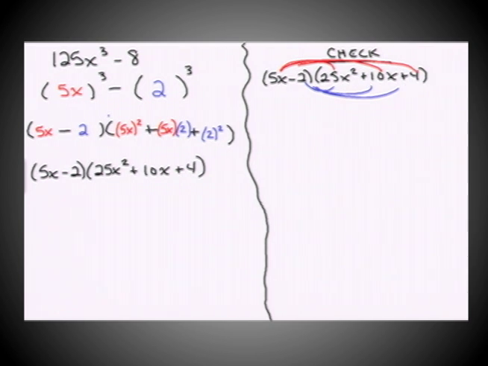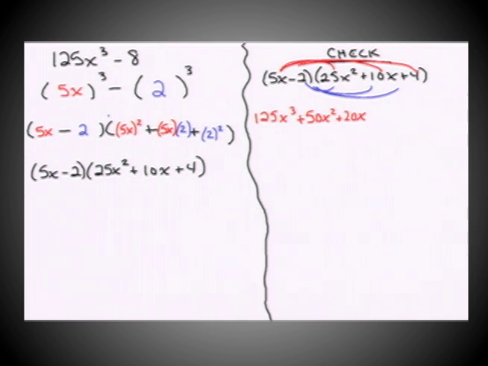So I start by distributing my 5x to all terms in the second set of parentheses. 5x times 25x squared gives 125x cubed. 5x times 10x is positive 50x squared. 5x times 4 is positive 20x. Now moving to distributing the negative 2 to all of the terms in the second set of parentheses.